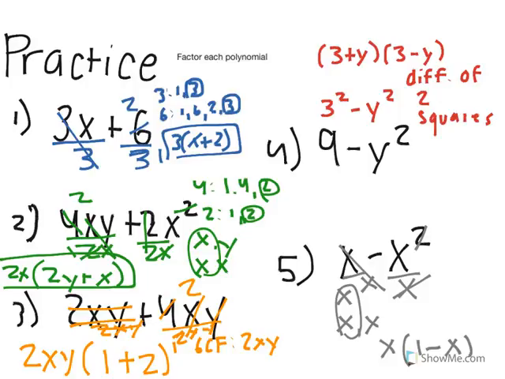The first term just simplifies to 1 because any number divided by itself, or any term divided by itself, is equal to 1. And then the other one, both the variables cancel out, and the 4 simplified to 2, and the 2 became 1, so I ended up with 1 plus 2. Which would be 2xy times 1 plus 2.